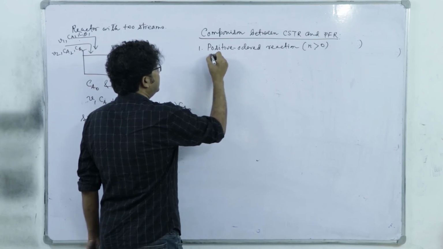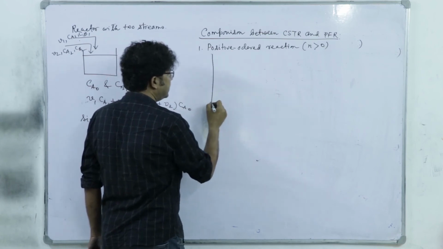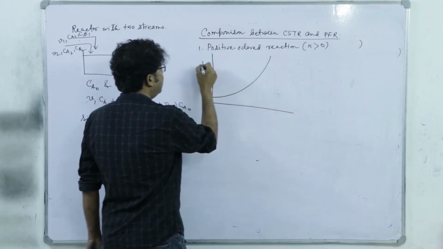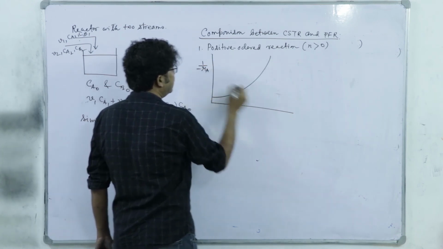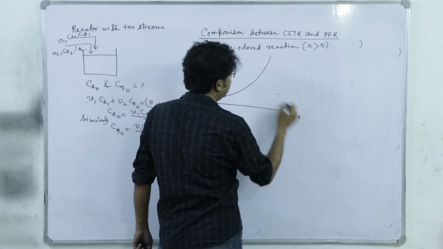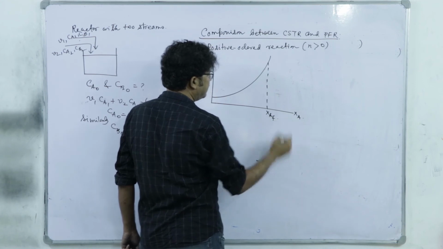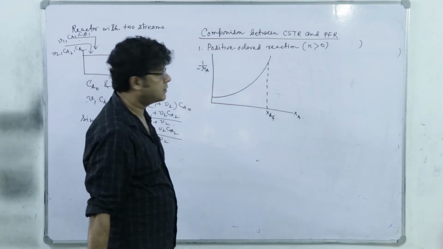So, we have here the curve of 1 by minus Ra versus Xa be like this, and let us say this is Xaf, correct.